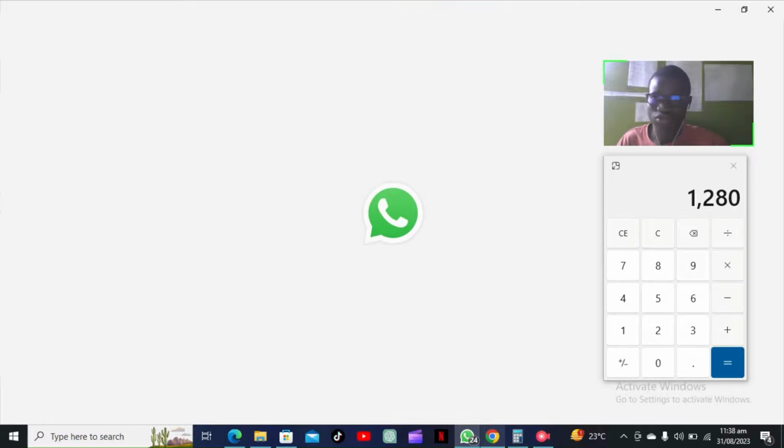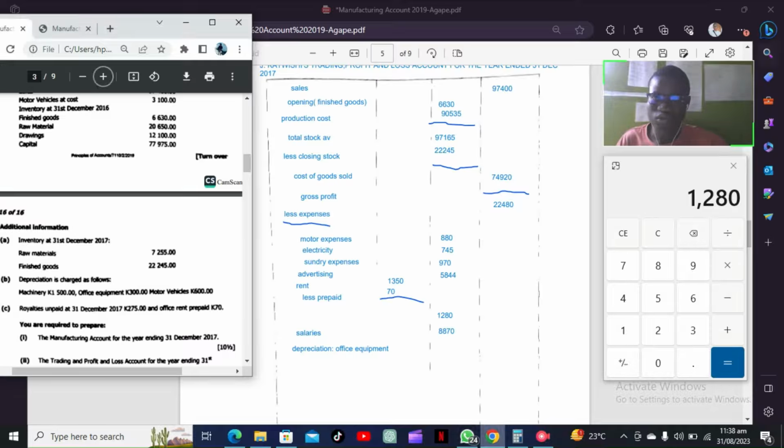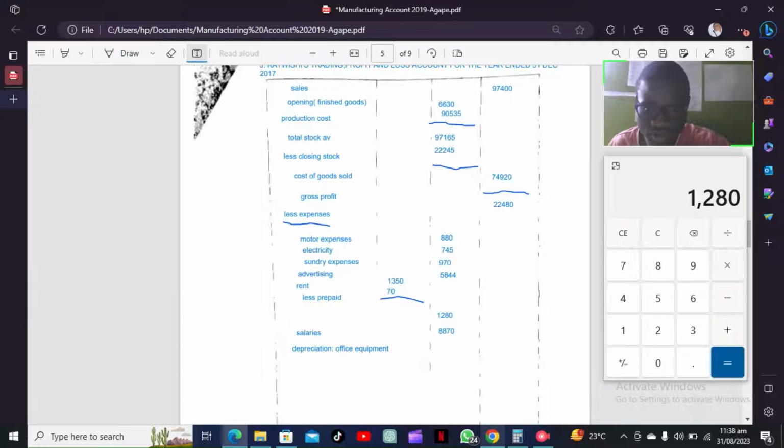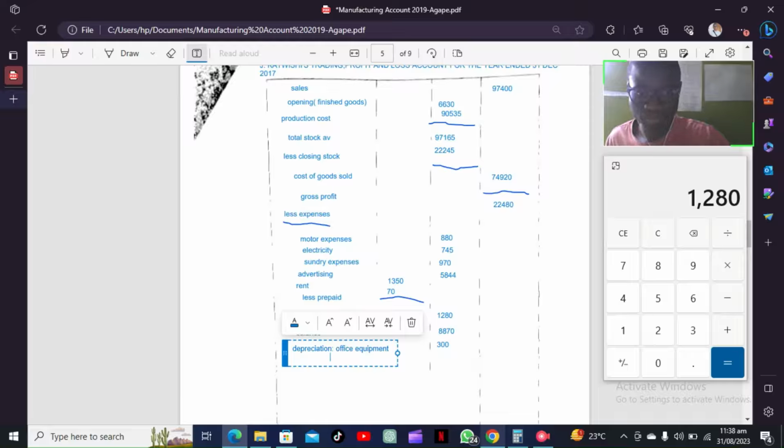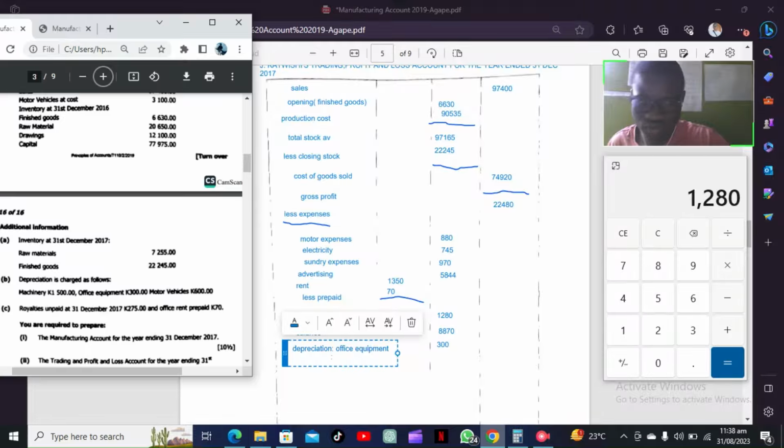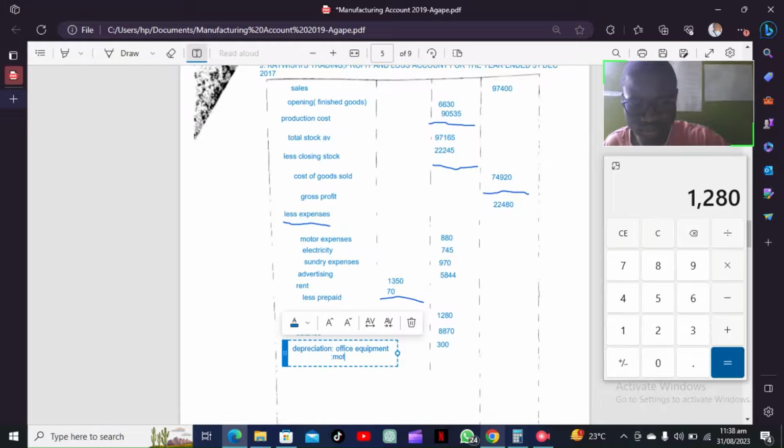So this one was 300, if I'm not mistaken. Yes, it was 300. So we enter our 300. Then the other depreciation which was there was motor vehicles.